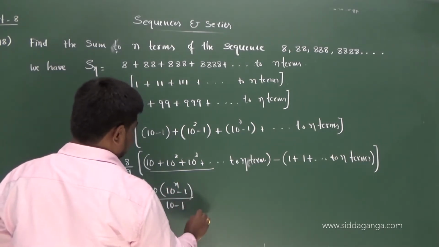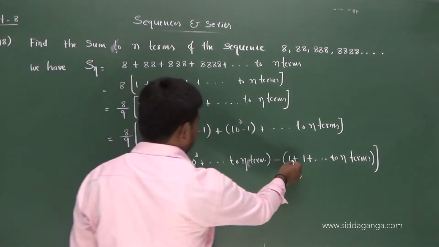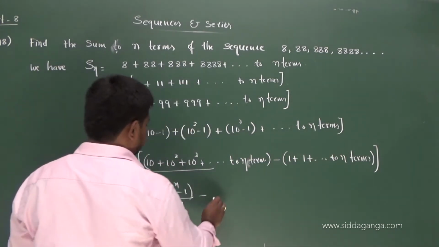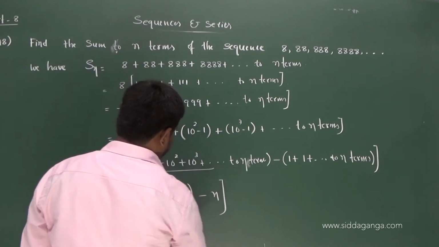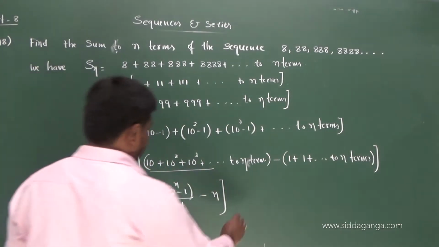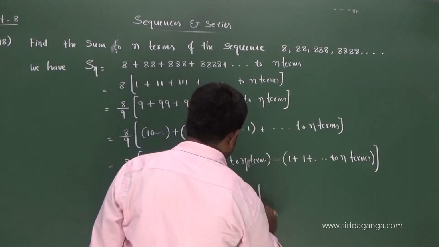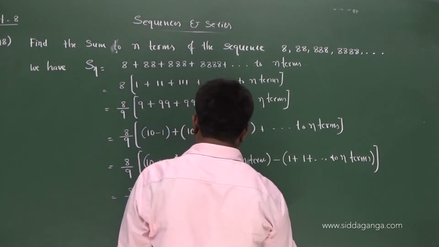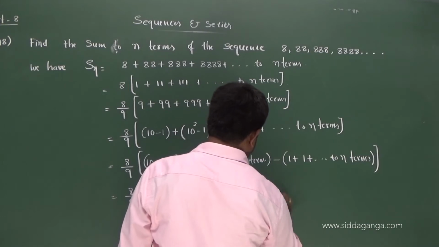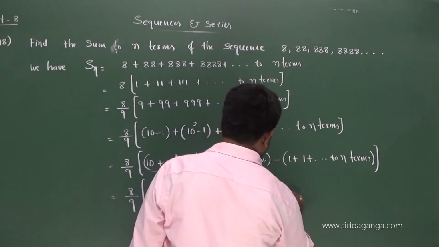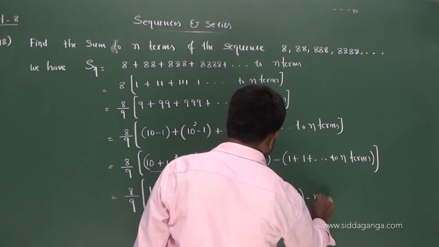Minus, so 1 is added how many times? n times. Therefore, 1 into n, that is n. So your answer is 8 by 9 into 10 by 9 into 10 power n minus 1, minus n.